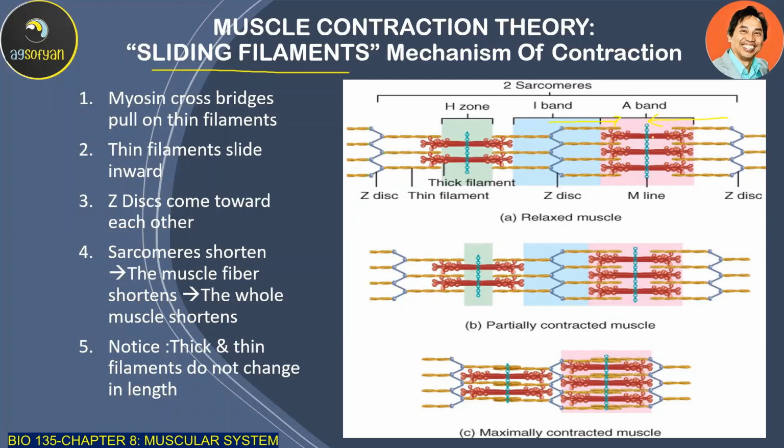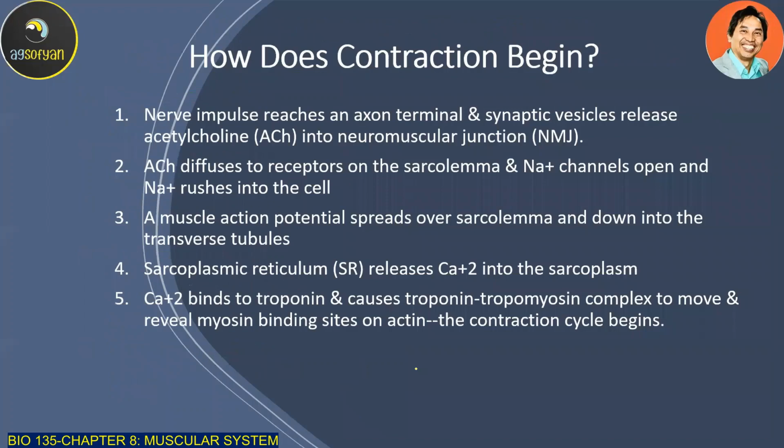Just remember that the length of the actin and myosin will not change. They have the same length. Even though the sarcomere becomes shorter, the length is still the same. The reason it becomes shorter is because the Z disc is moving to the middle, but the length of the actin and myosin stays the same.